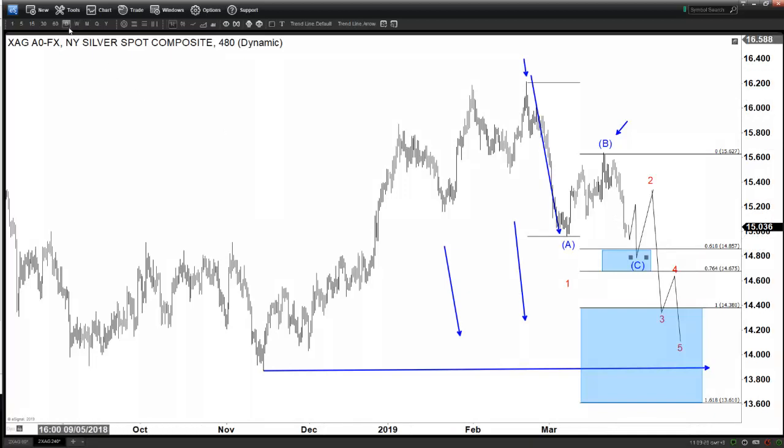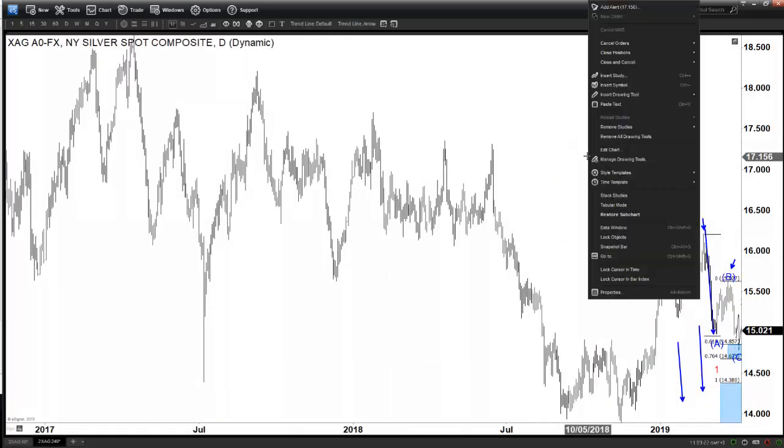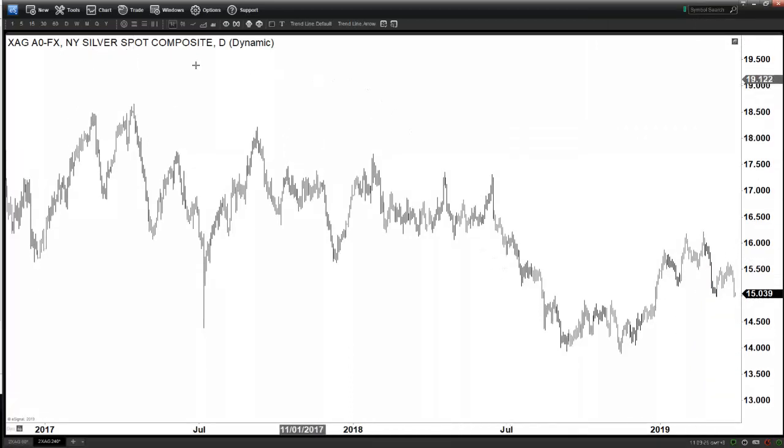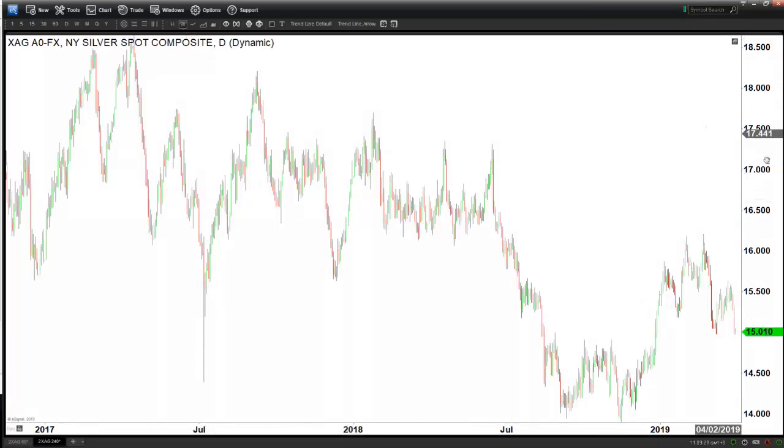Now going to the even higher degree on the daily, okay, we got a very interesting, let me go to the candlestick here.